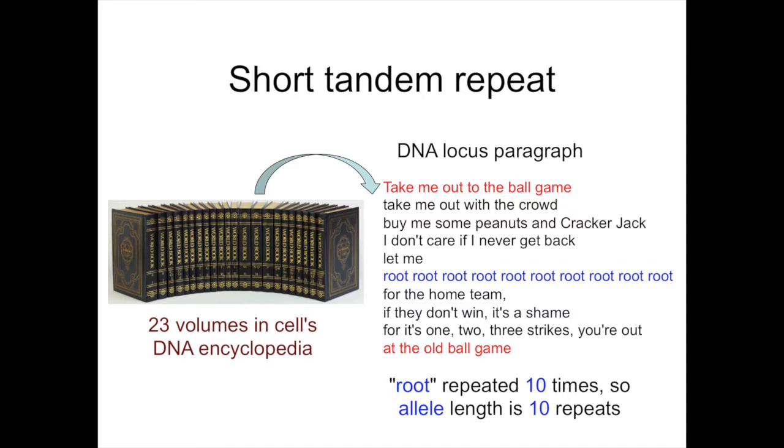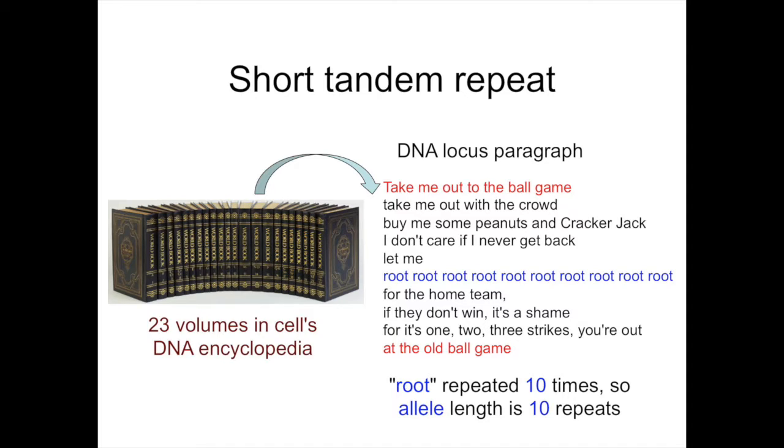And what makes them useful is that the number of times that word is repeated varies in different people throughout the population. So if you have a word repeated 10 times in one individual from one copy they have on, say, the mother's encyclopedia, there may be 15 different lengths in the population.